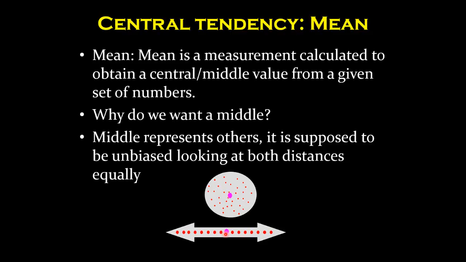Middle represents others. It is supposed to be unbiased, looking at both distances equally. So what is that supposed to tell you? If it represents everyone, then what does it mean? If it represents everyone, it means that 2 feet is representing everyone.